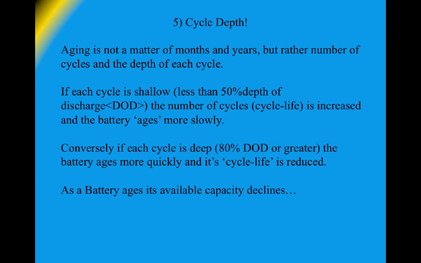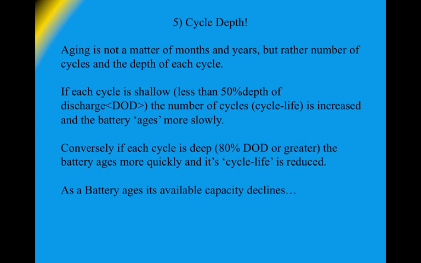So if we cycle batteries in a shallow cycle, less than 50% DOD, depth of discharge, the number of cycles we're going to get out of that battery is increased, and the battery is effectively aging more slowly. Conversely, if each cycle is deep, 80% DOD or greater, the battery ages more quickly and its cycle life is reduced.